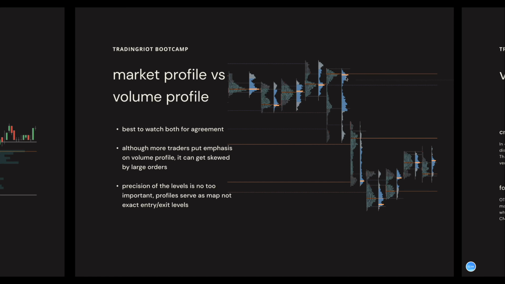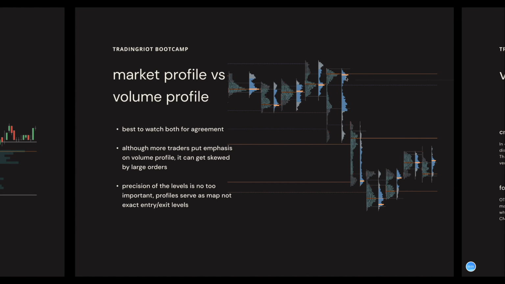Most people nowadays put more emphasis on volume profiles, as we are in the age of electronic trading basically. The issue is that one huge order can skew the whole profile.